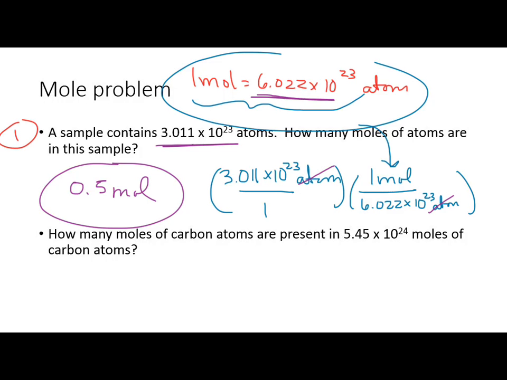So maybe if we just switch it around where 6 is divided by 3. I don't know. Try it one more time, because it's like balancing your checkbook. How many people got 0.5?